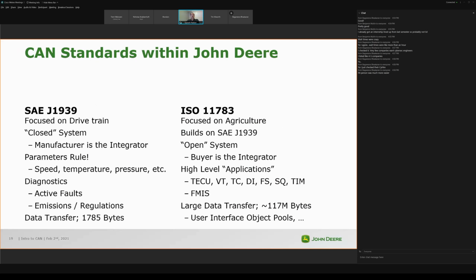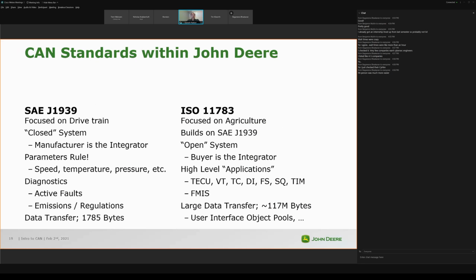You can't add and replace anything that you want. Whereas ISO is an open system where the buyer will integrate the whole system. Like for example, you buy a computer and a printer of 2 brands. In this example, a tractor and an implement, it's the farmer who is going to be using them, and he is the integrator there.